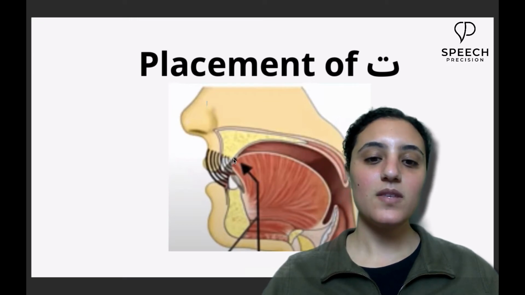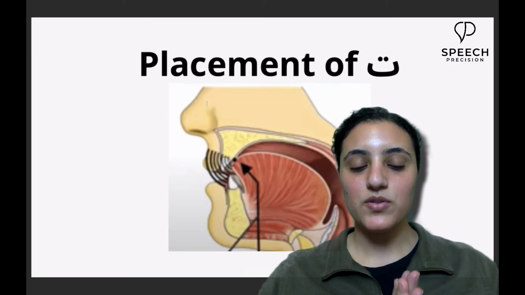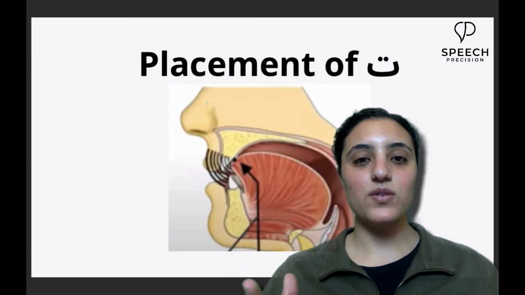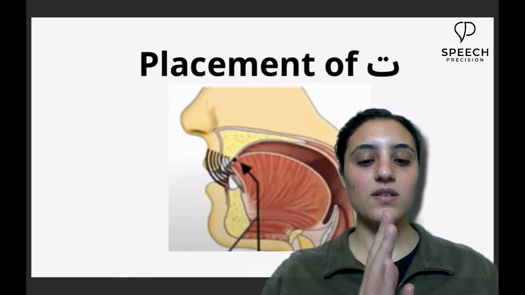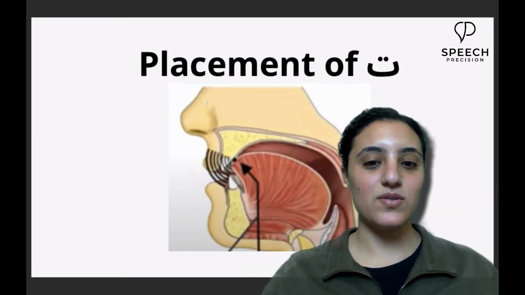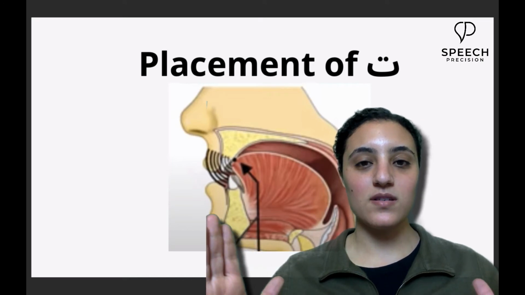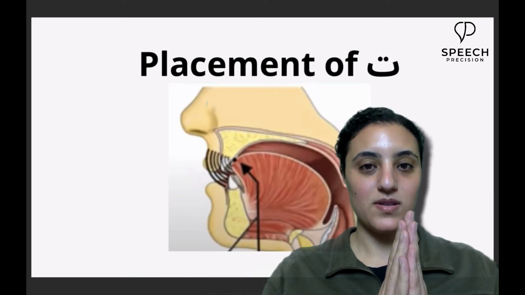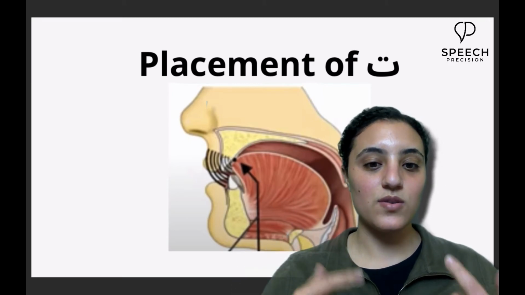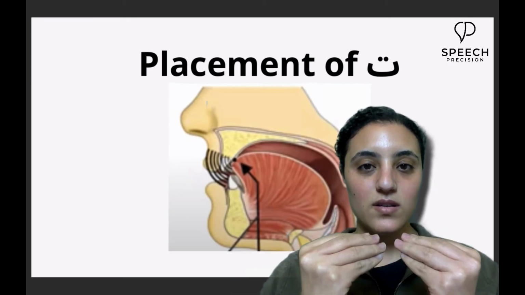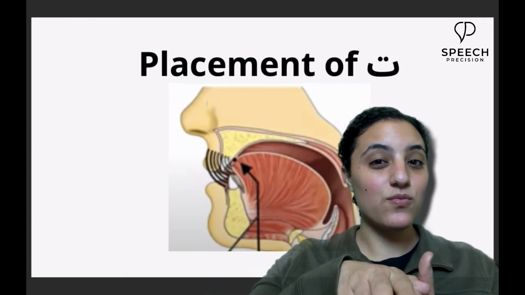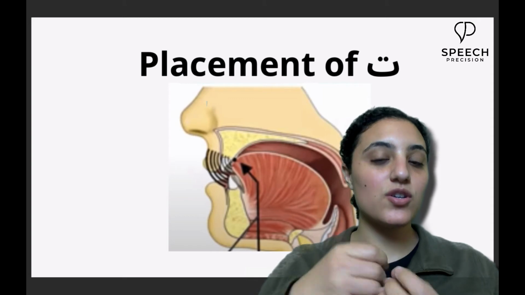Okay? And the way that sounds are produced in general, not just in speech, is by a few different things. You can have two things rub against each other, and that produces sound. You can have two things come together, that produces sound. You can also have things come apart, and it'll produce sound. So if I have my lips together and I have that buildup of pressure behind it, and then I open my lips and I release the pressure, it'll produce sound.